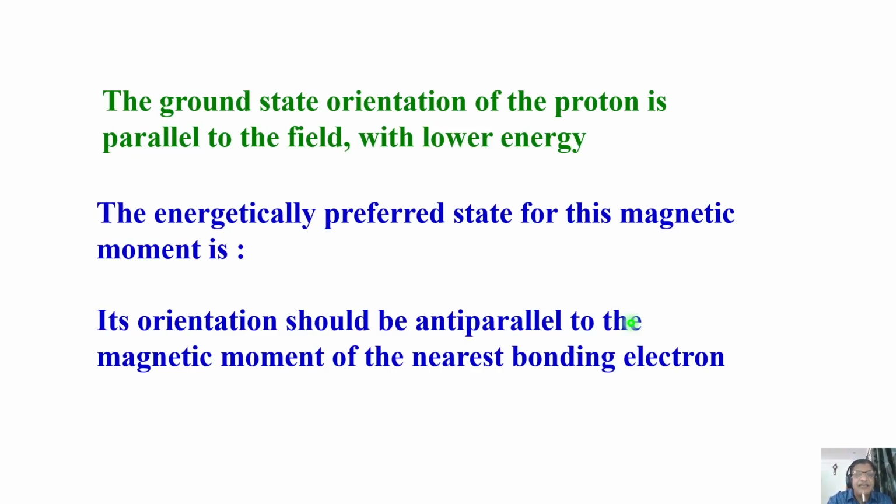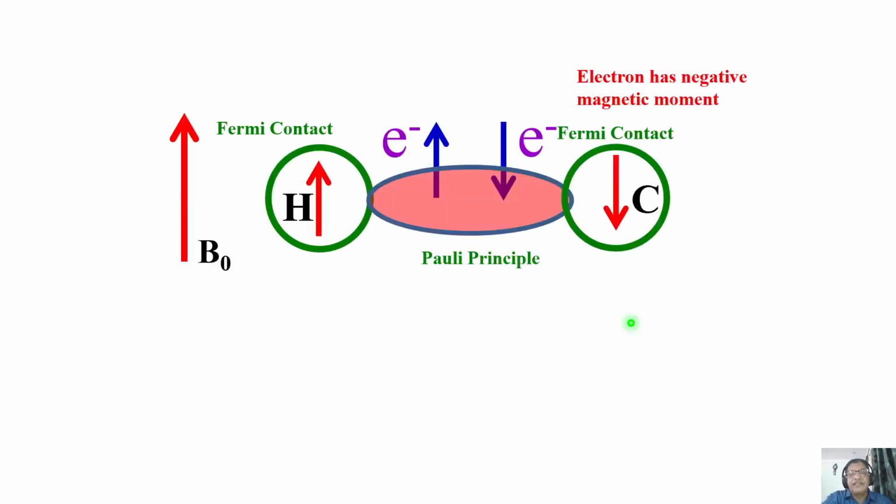For this to be in an energetically preferred state, the electron which is attached to this, forming a bond, must be anti-parallel to this. If this is the orientation of the magnetic moment of the proton, the electron magnetic moment should be anti-parallel to this. This is the preferred orientation, the minimum energy configuration.